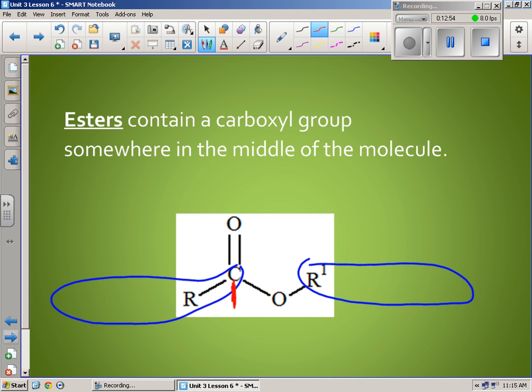So you start in the middle and go this way, and you start in the middle and go that way. So technically, carbon 1 over here would be over there. You have 2 different parts to this compound, so you're going to have 2 different carbon number 1s, and I'll show you how to name those eventually. But you have to start in the middle and work out from both sides.